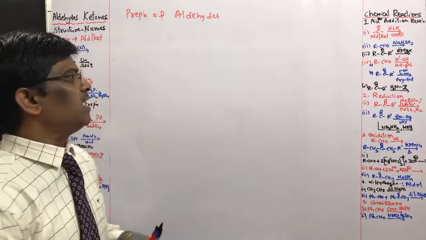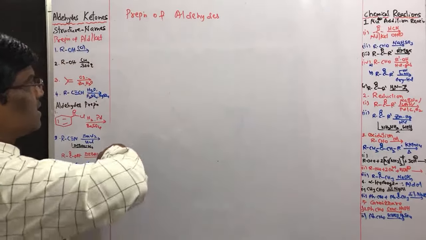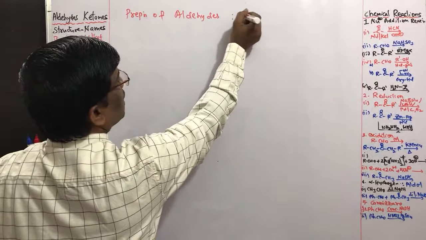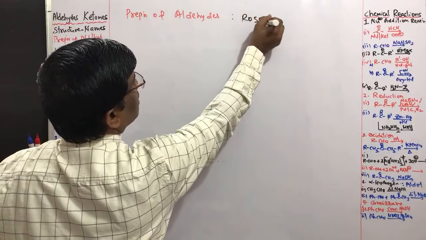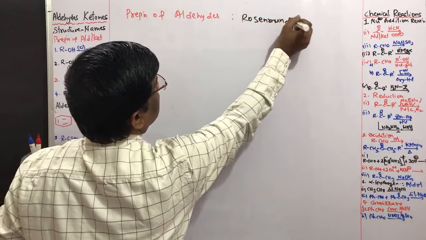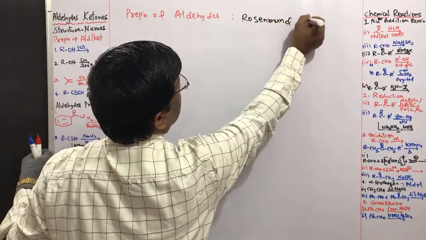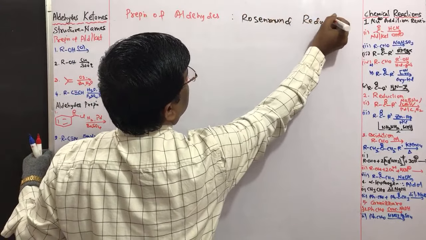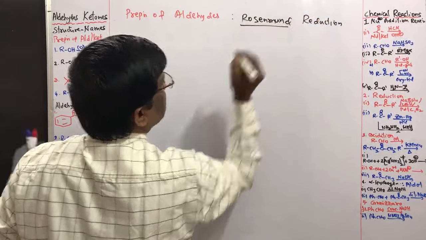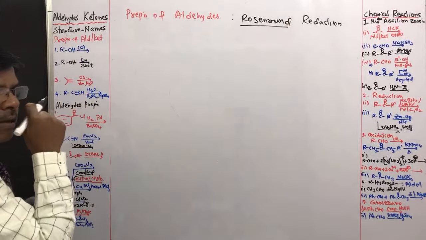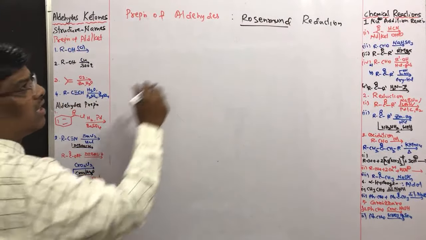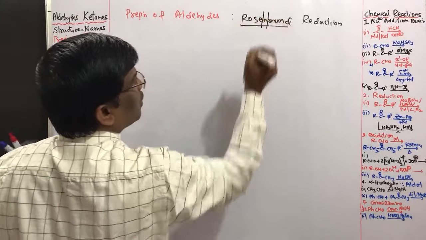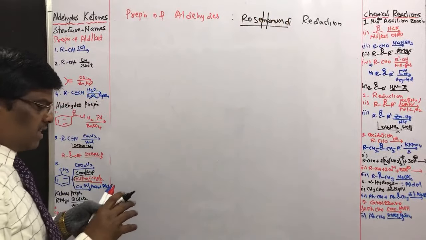Dear students, let us see the preparation of aldehydes by Rosenmund reduction. It is very simple, students. The name is Rose and Mund, so Rosenmund reduction. What is it?